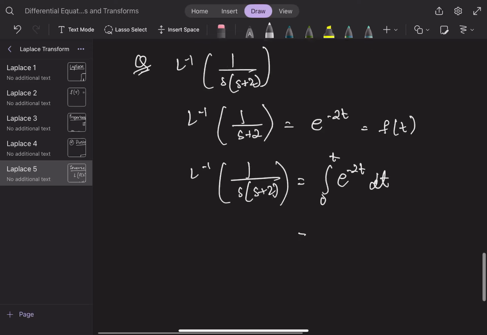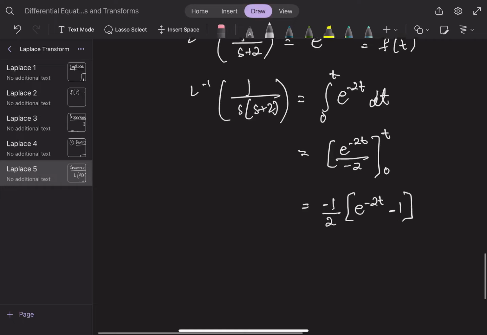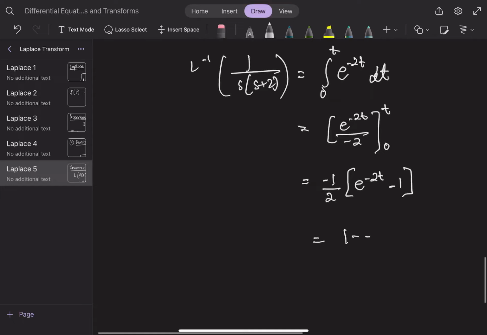So you get e raised to minus 2t divided by minus 2, from 0 to t. So this becomes minus 1 by 2 (e raised to minus 2t minus 1). Or you can write this as (1 minus e raised to minus 2t) divided by 2.